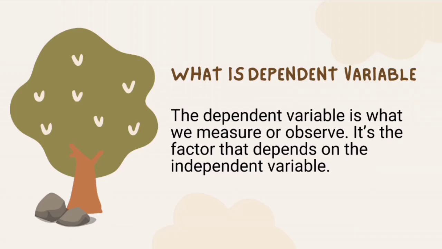Now, let's discuss next what the dependent variable is. The dependent variable is what we measure or observe. It's the factor that depends on the independent variable, class. In our given example, the amount of water is our independent variable. The dependent variable is what we would measure to see the effect of the water amount on our sunflowers.